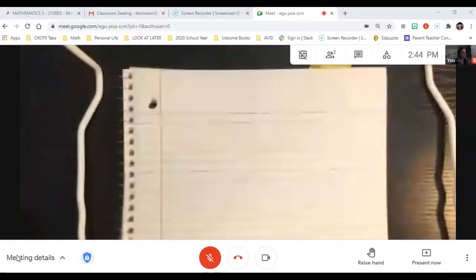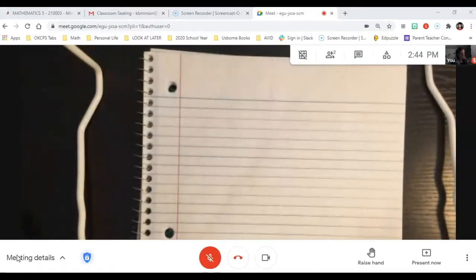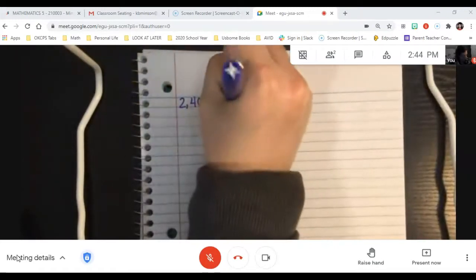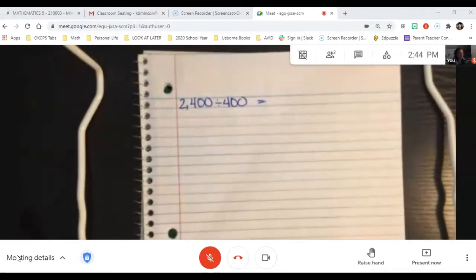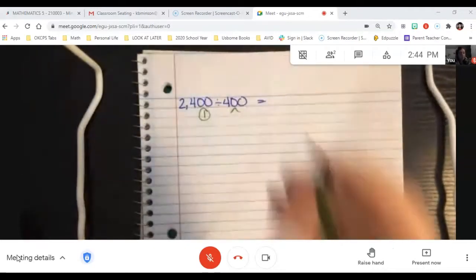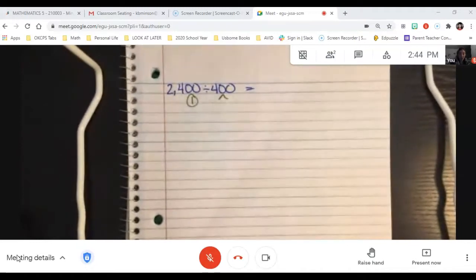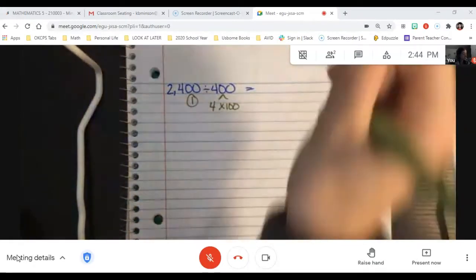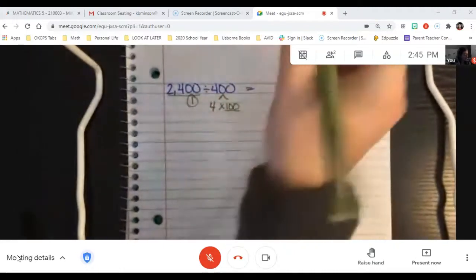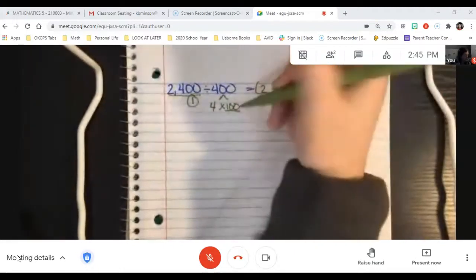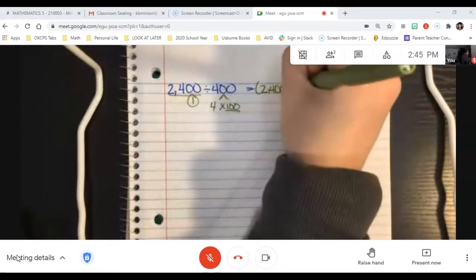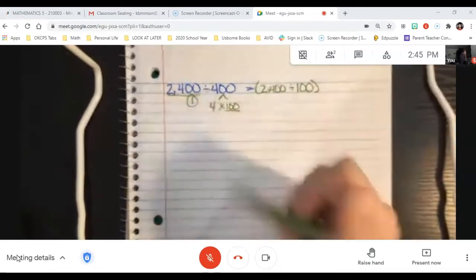So let's do a couple more of those. We have 2,400 divided by 400. Again, step 1, split into your 10, 100, or 1,000. Since this has 2 zeros, we're going to be splitting it into 100. So 4 times 100. Then in parentheses, we put our 10, 100, or 1,000 with this number, 2,400 divided by 100, since we're dividing.